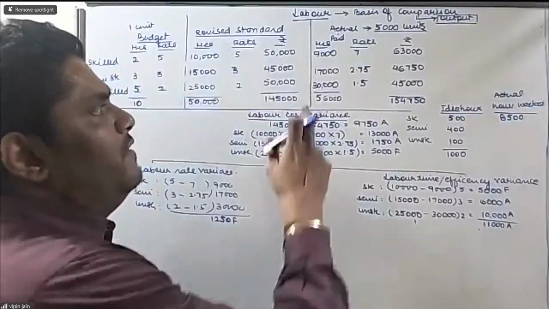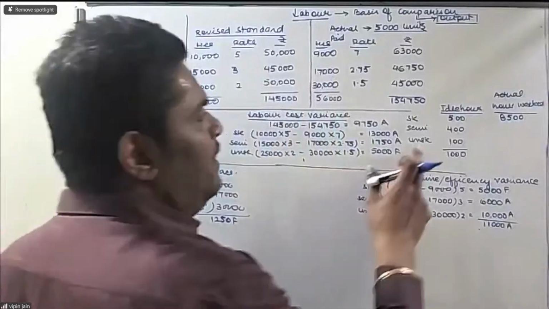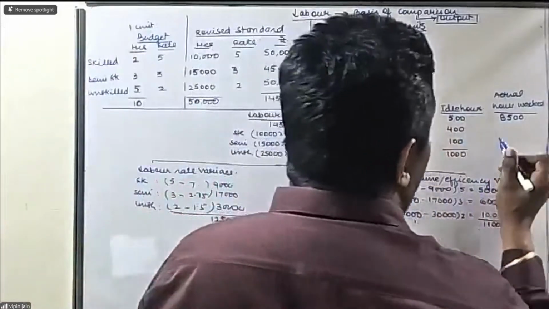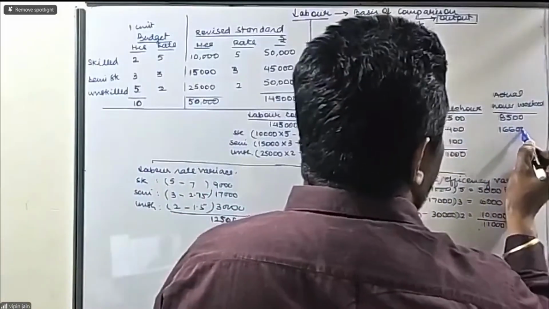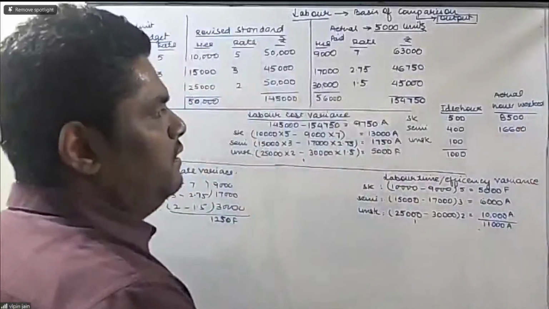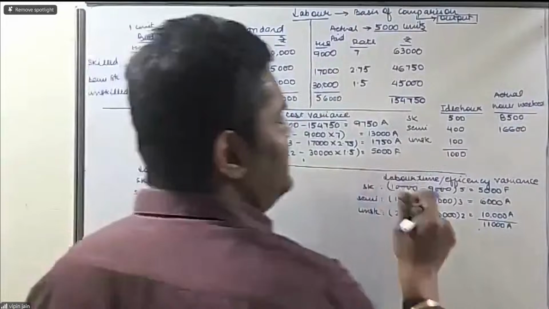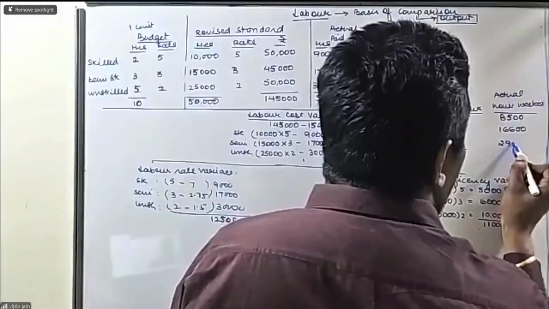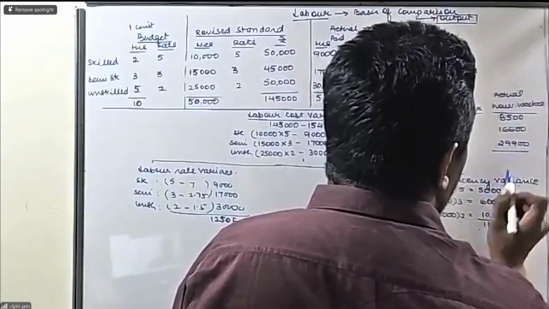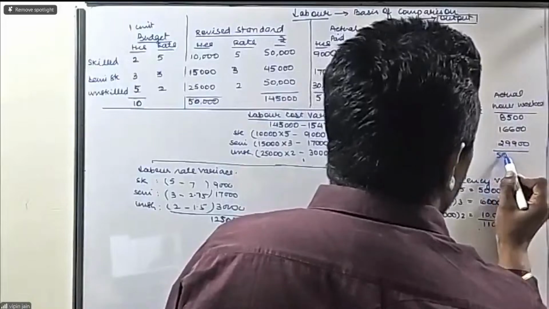Similarly, for 17,000 hours we are paying, but of this 400 hours they are sitting idle. So 16,600 is the hours they actually work. Similarly, 30,000 hours we are paying, but of this 100 is the idle hours. So hours effectively worked is 29,900. So this will be 55,000.